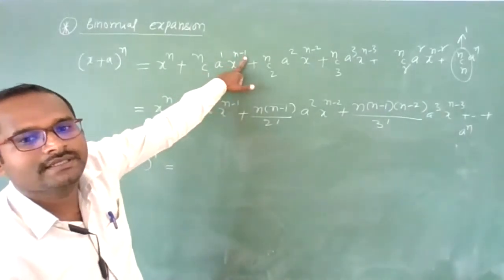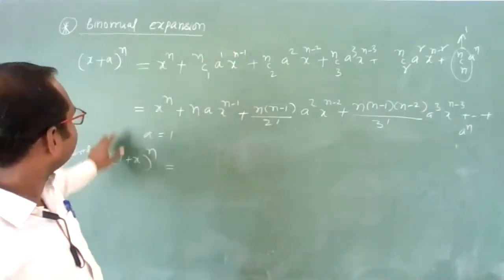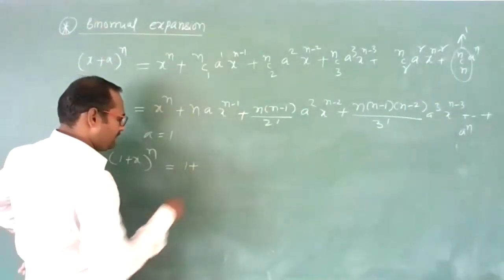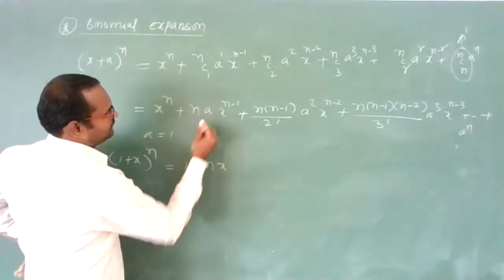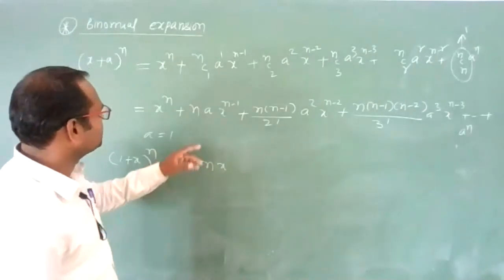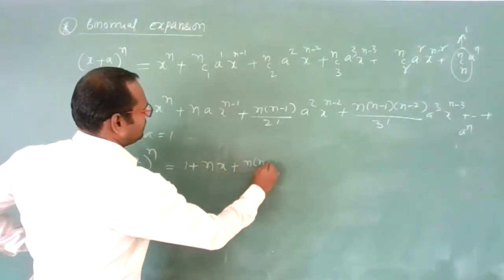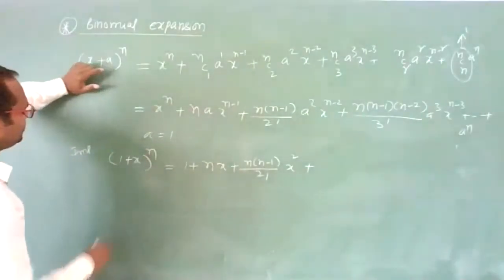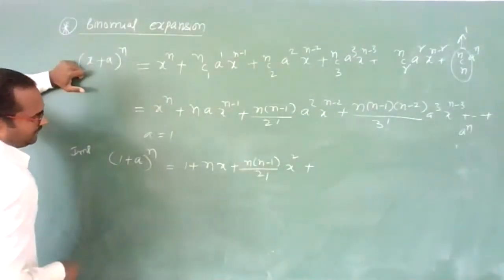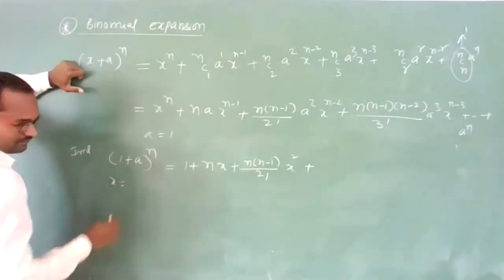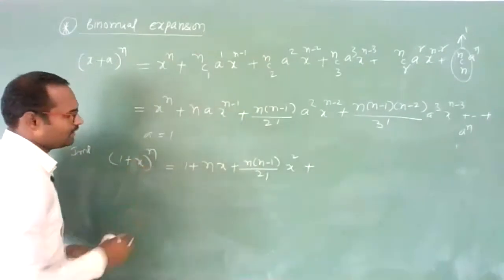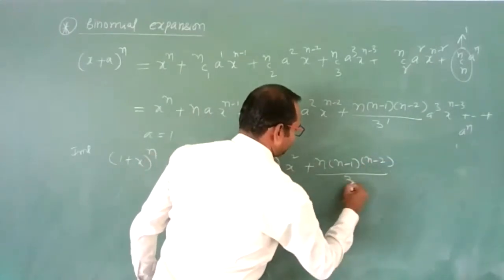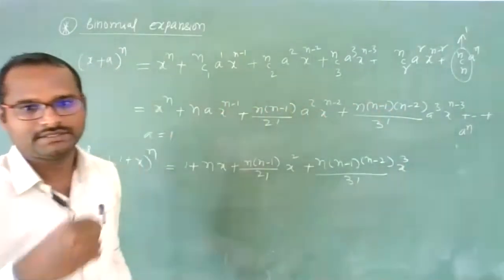So if you take a value as 1, then you will get 1 plus nx, n into x is nx, plus n into n minus 1 by 2 factorial into x square, plus, here x only you take, the next term n into n minus 1 into n minus 2 by 3 factorial x power 3. Like this you will get higher terms.